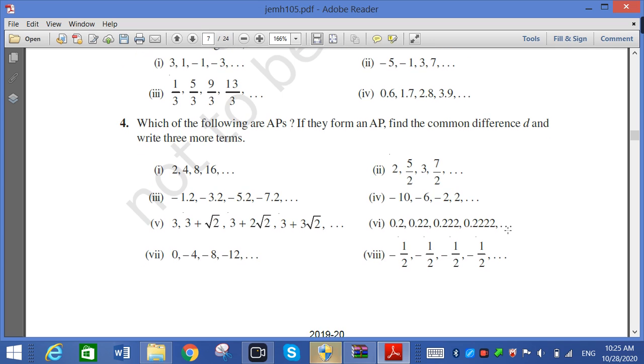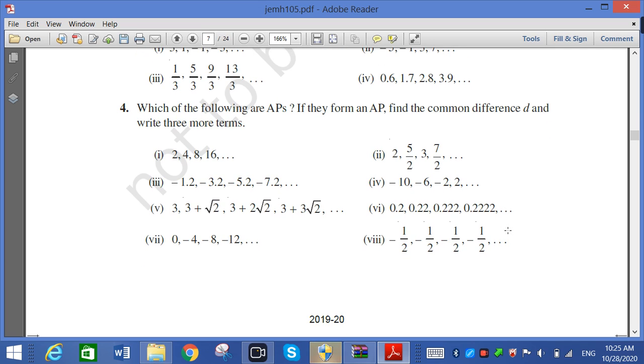Now question number 4. Which of the following are AP? If they form AP, find the common difference d and write the 3 more terms. So d we have to check every time. 4 minus 2, that is 2. And 8 minus 4, that is 4. So here d is not equal every time. So we can say no. If it is no, it is not necessary to find out the common difference and more.